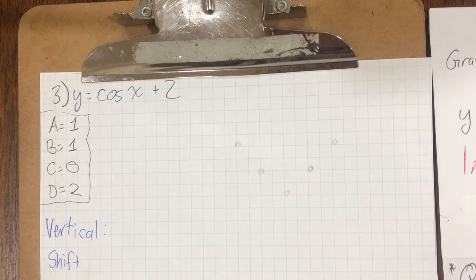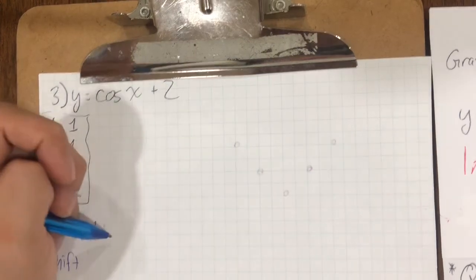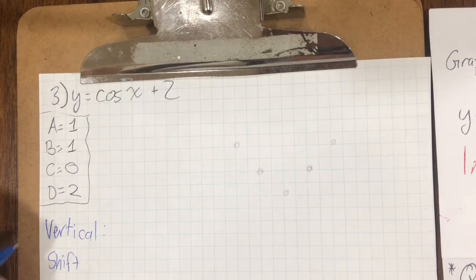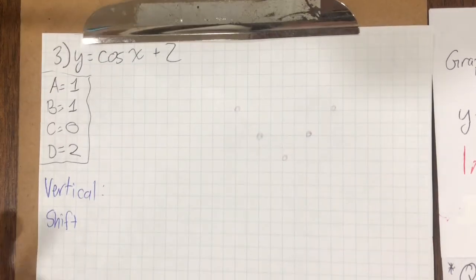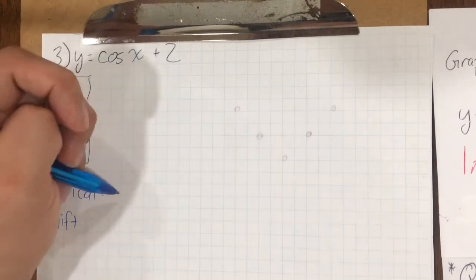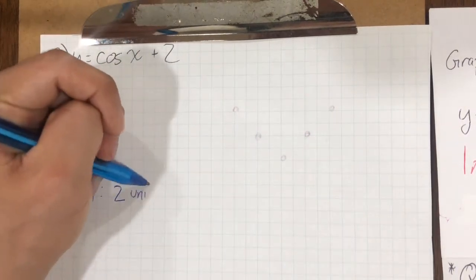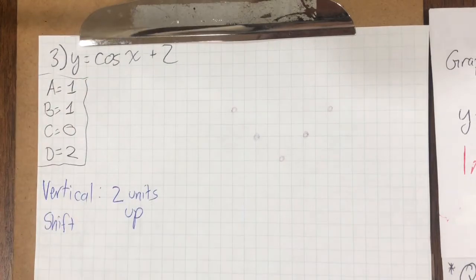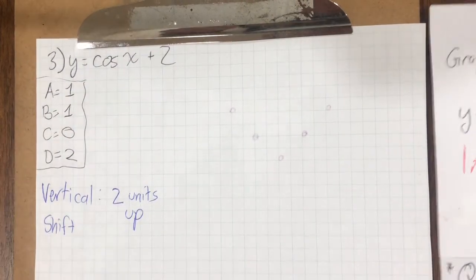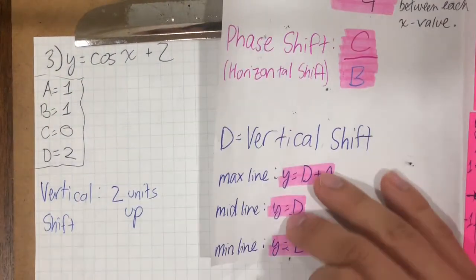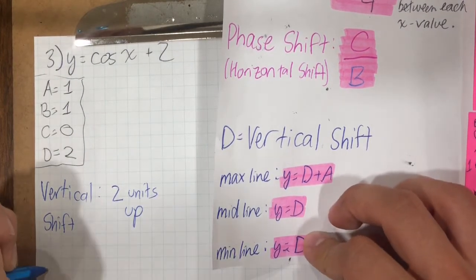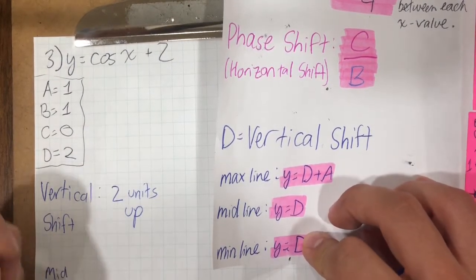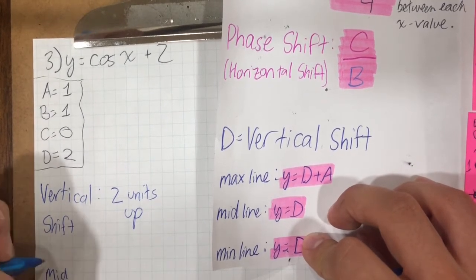So if we take a look at the vertical shift, we have 2, and vertical, you're either moving up or down. So since this 2 is positive, I'm going to move 2 units up. So then I'll be able to figure out my midline, my max line, and my min line. So I'm going to go ahead and figure out the midline, the max, and the min.